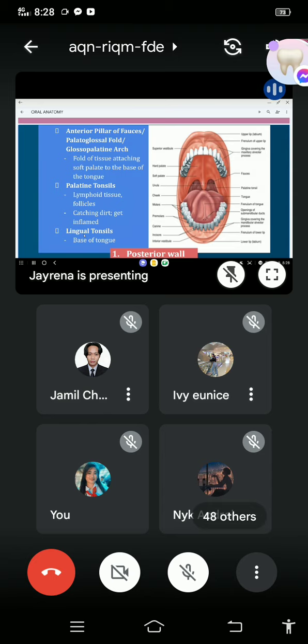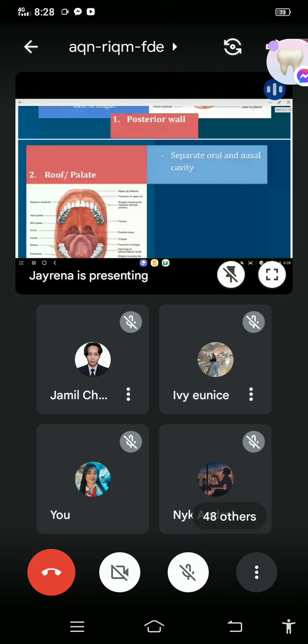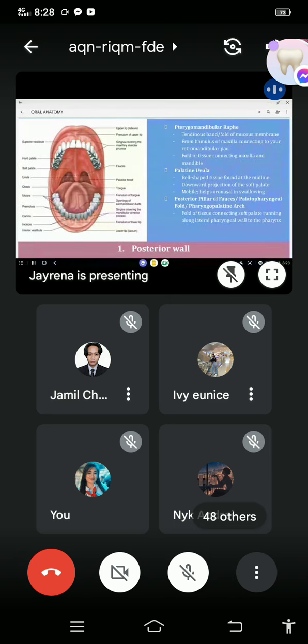So meron tayong anterior pillar of fauces and posterior pillar of fauces. The posterior pillar of fauces is called as your palatopharyngeal fold. The palatopharyngeal fold, the fold of tissues connecting the soft palate along the lateral pharyngeal wall.